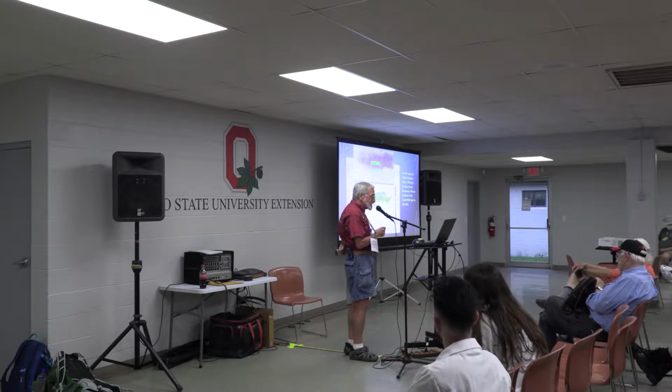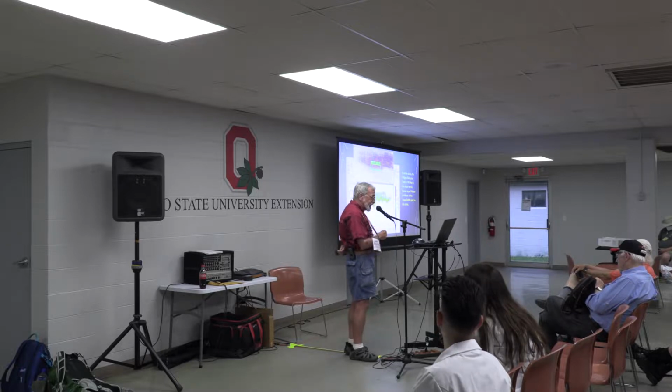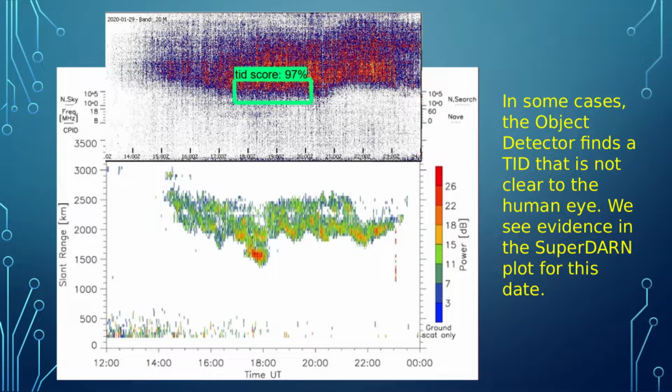It's something slightly less than an hour in period, and you don't really see it very well manually when you look at this. But the system says the data in there indicates that we have a TID in this image, even though you can't see it. And we do see evidence of a TID of a very short period in that radar data.